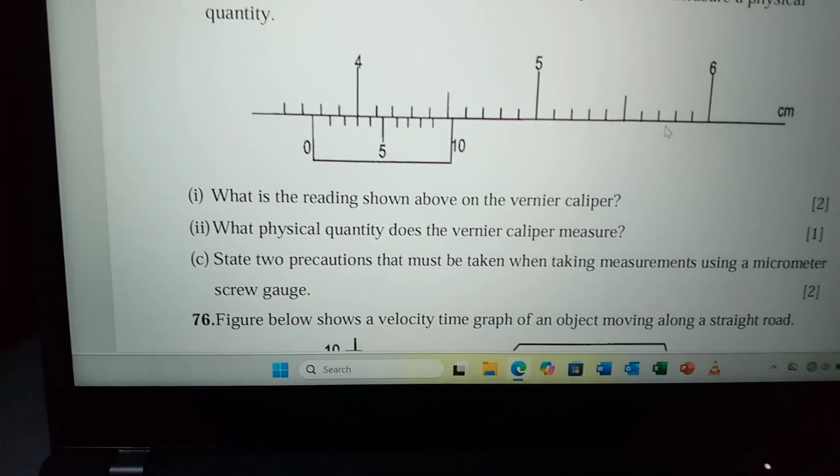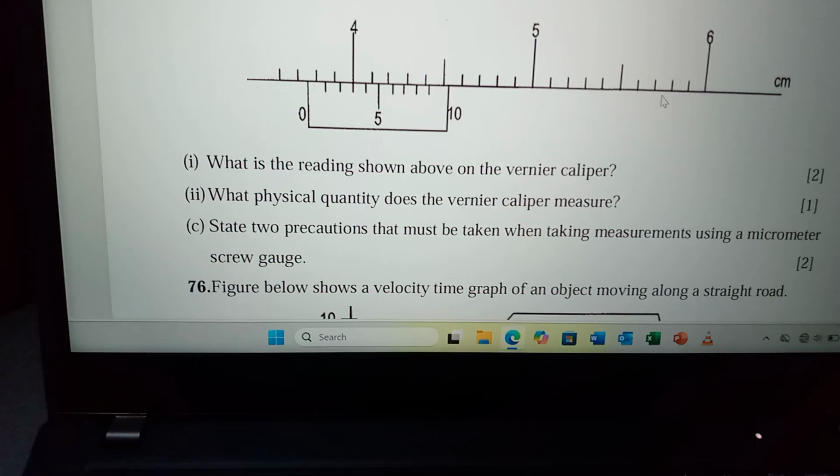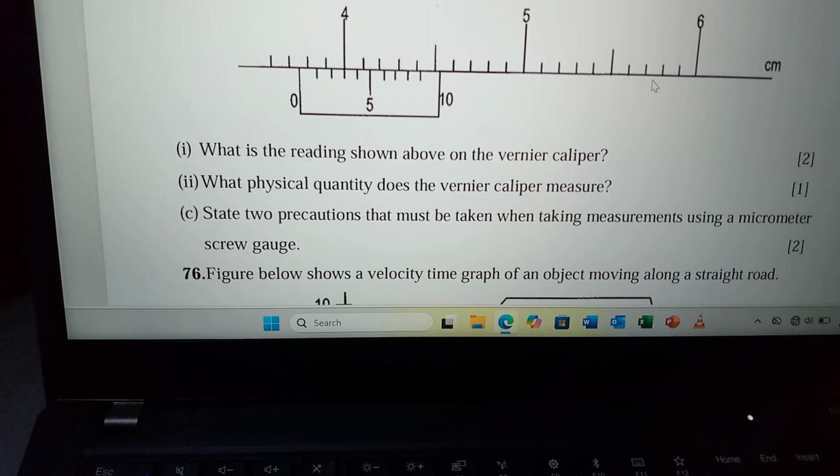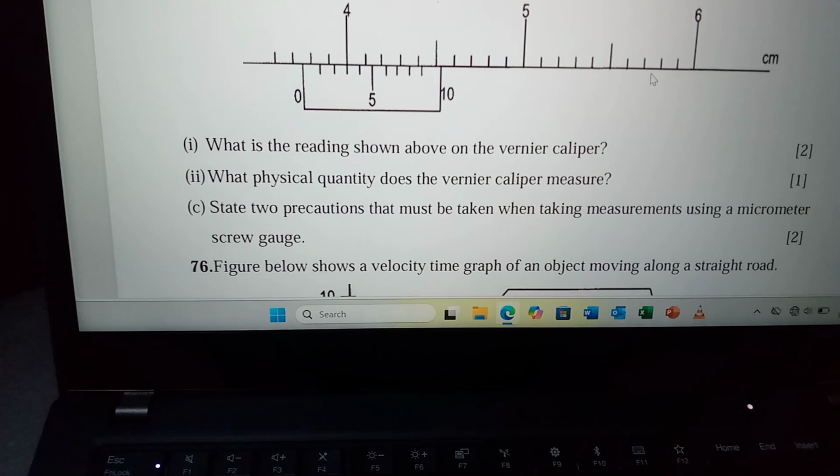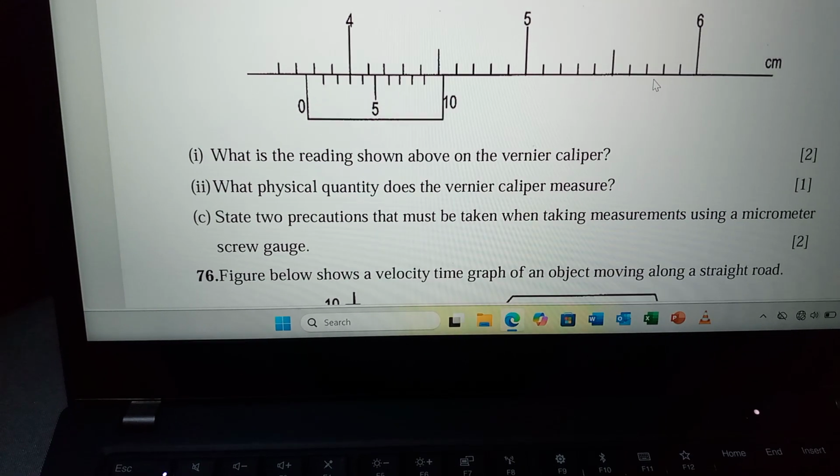They are saying, state 2 precautions that must be taken when taking measurement with the, I think they made a mistake, micrometer screw gauge.